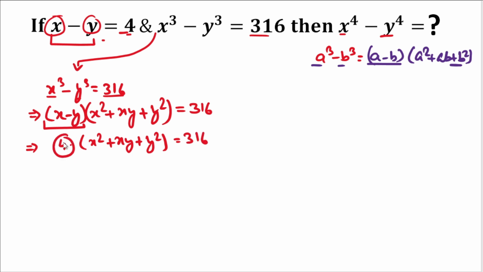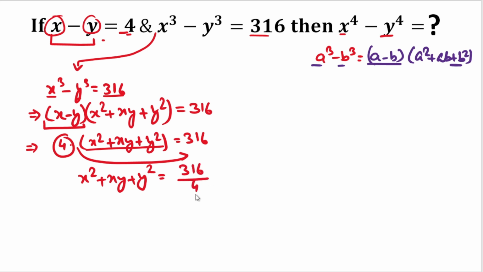Now we divide 316 by 4 to get the value of x square plus xy plus y square. 316 divided by 4 is 79.